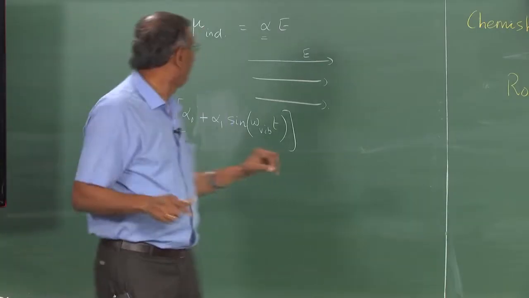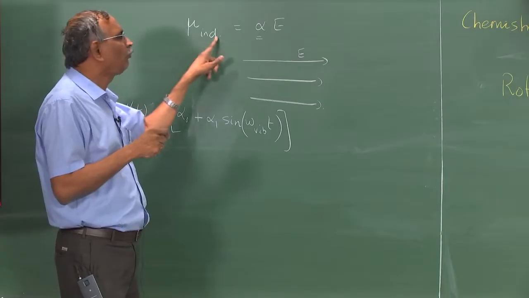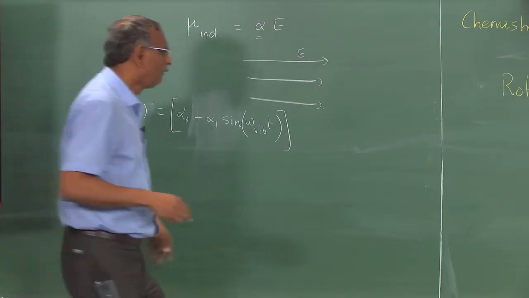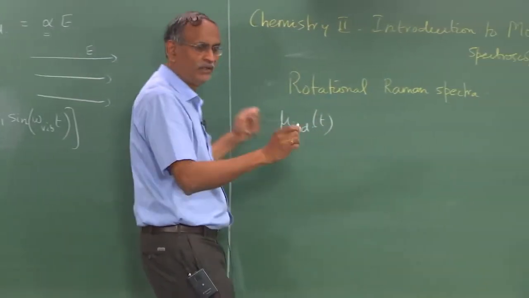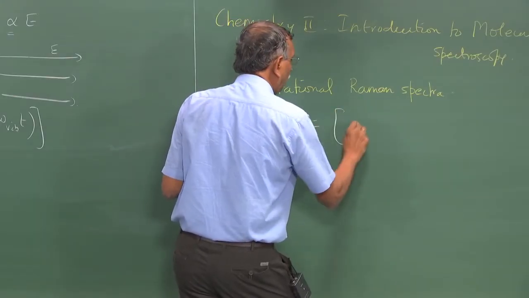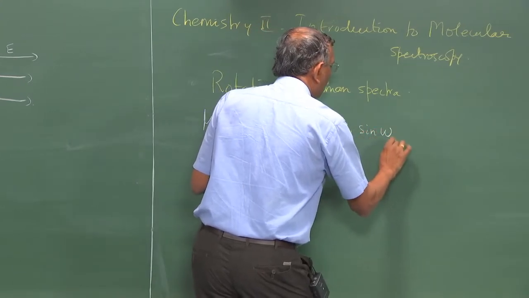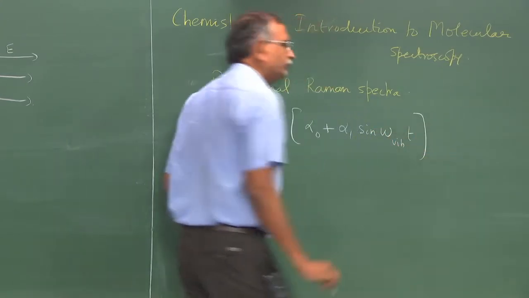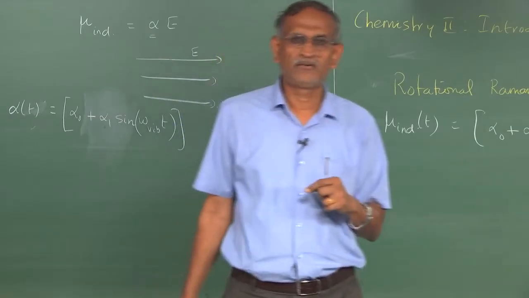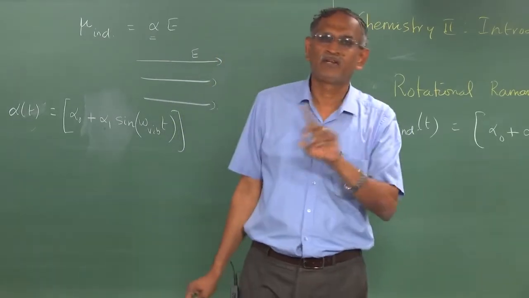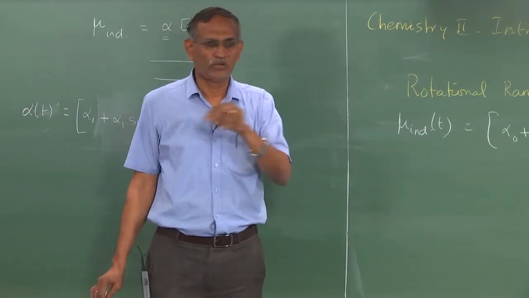Exactly the same way the mu has to change during the vibration, the mu induced also has to change during the vibration. Therefore, the mu induced as a function of molecular vibration becomes alpha naught plus alpha 1 sine omega vibration times t. But please remember, the electric field of the electromagnetic radiation is not constant in time. It is itself a sinusoidal function.